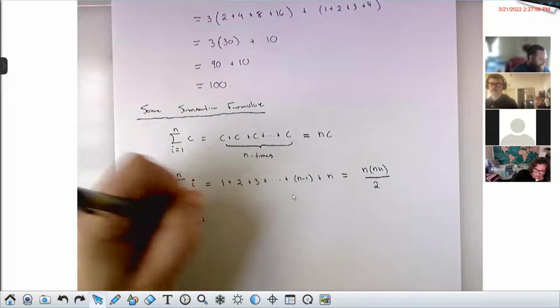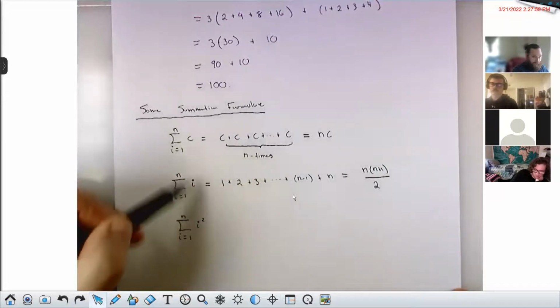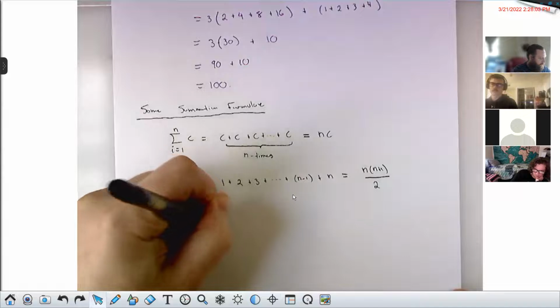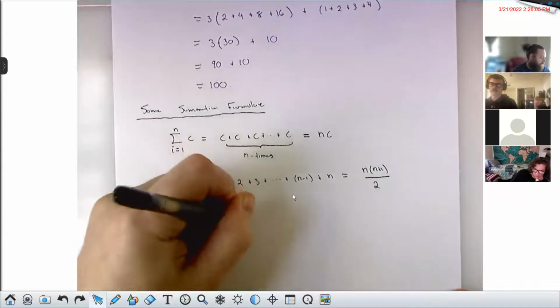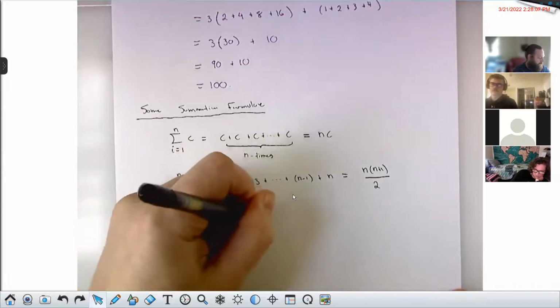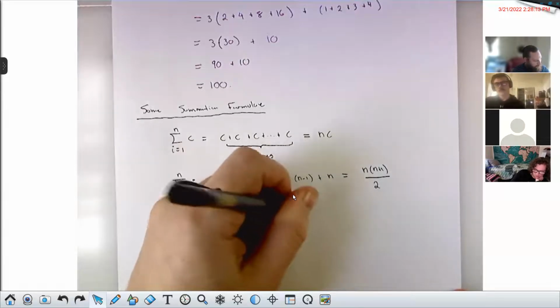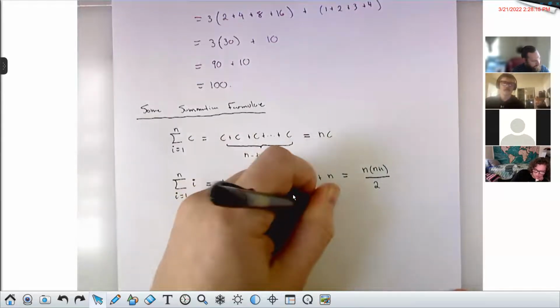So we've got the sum of a constant, the sum of the first n integers, the sum of the first n squares. This is like 1 squared plus 2 squared plus 3 squared. The second to last term would be n minus 1 squared, and the last term would be n squared.